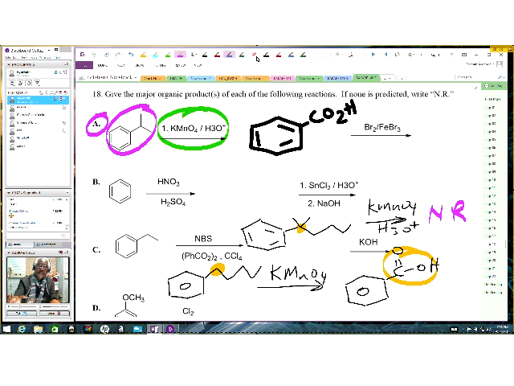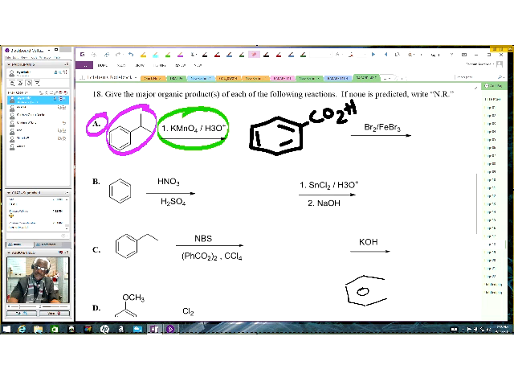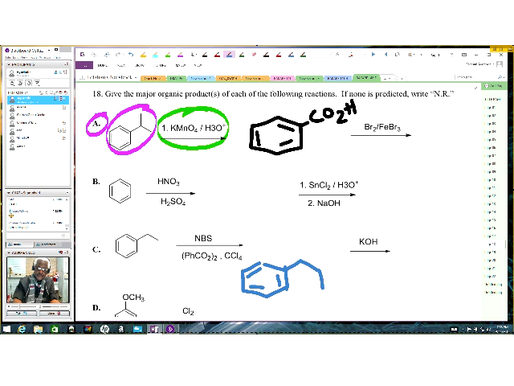Supposing I give you this here, what product do you think you are going to get using potassium permanganate with dilute acid?